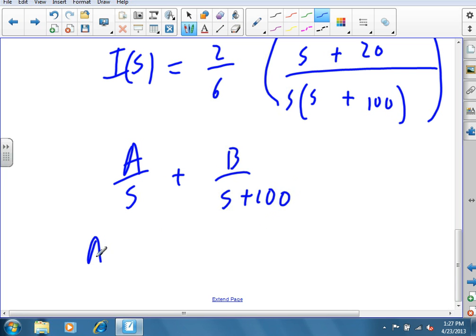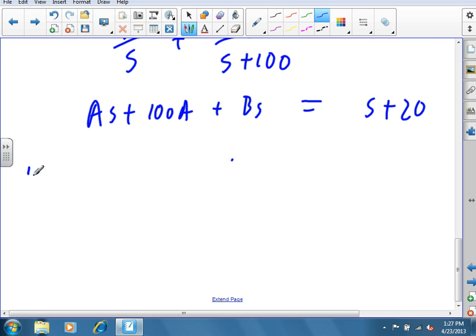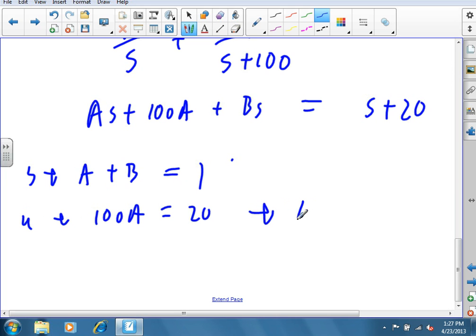So I've got AS plus 100A plus BS has to equal S plus 20. Look at the S guy, I have A plus B is 1. Look at the unit guy, I've got 100A is equal to 20, clearly implying that A is 1/5 and B is 4/5.